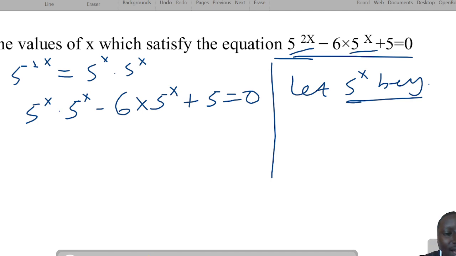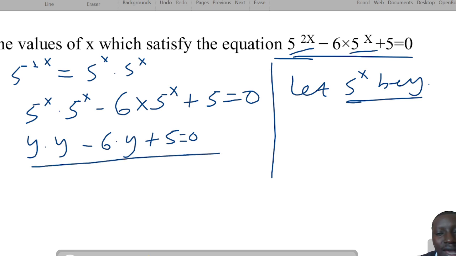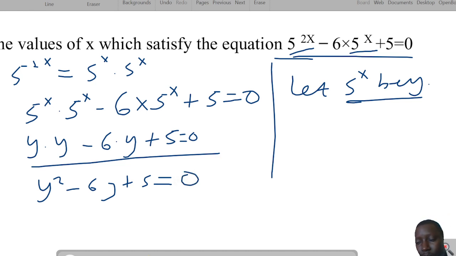So that means y times y, then minus 6 times y plus 5 is equal to 0.